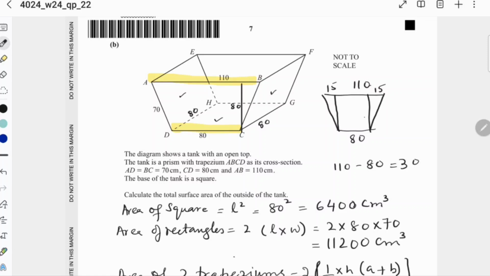So here we can take a right angle triangle whose side is 70 here. Look, 70, and this much is the height, and this is 15.